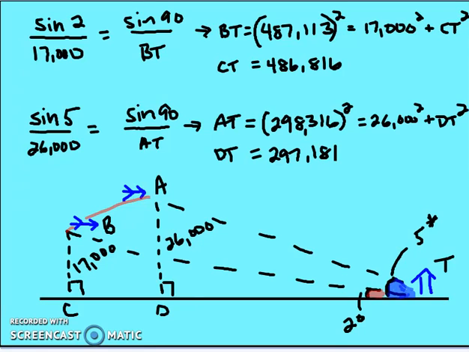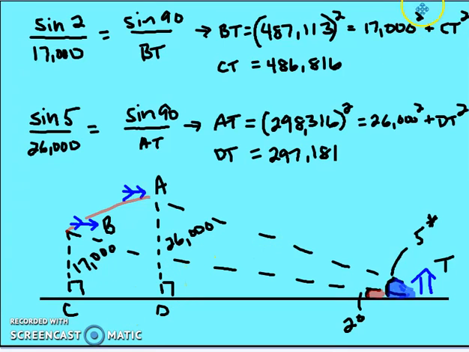We're going to solve first for BT. So sine 2 over 17,000 is equal to sine of 90 over BT. And we end up with BT equal to 487,113 feet. And then we're going to find out what CT is.